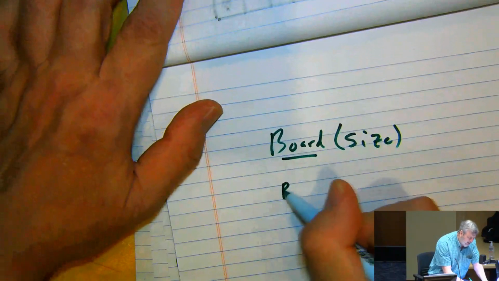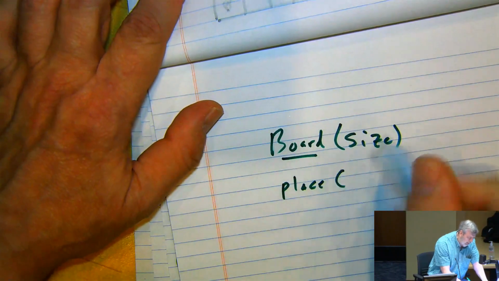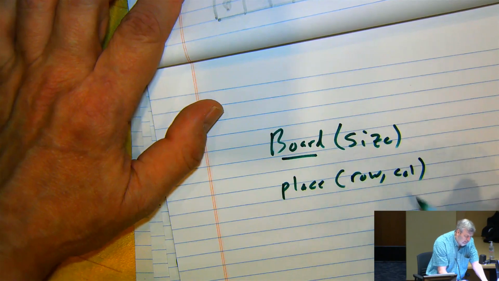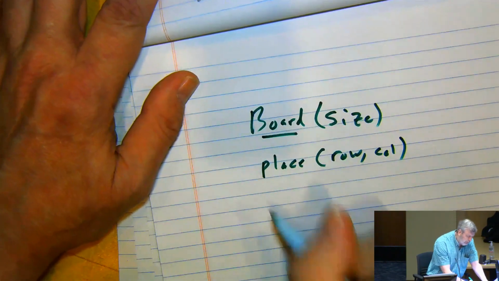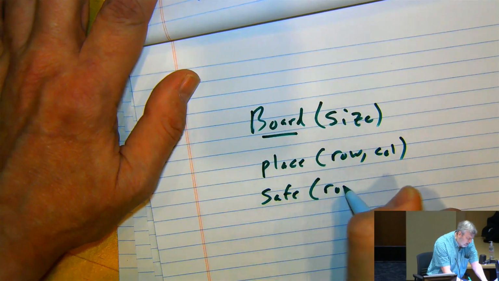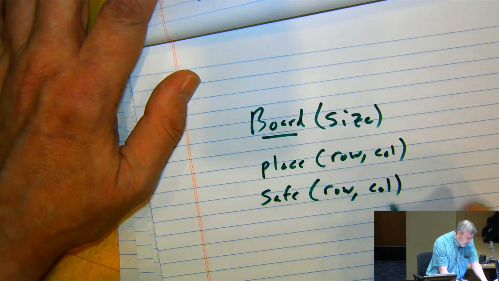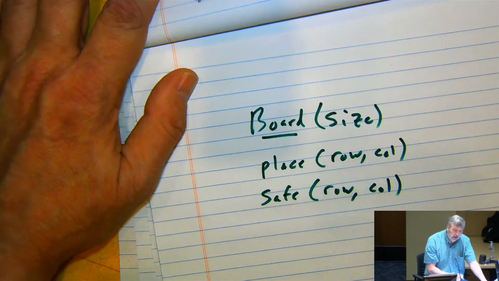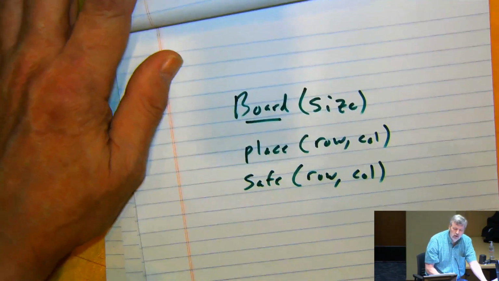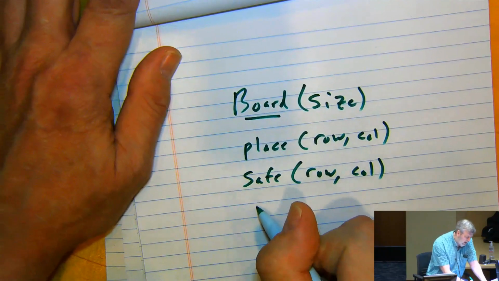Kind of the most basic thing is that you're going to want to be able to place a queen at a particular row and column and have it remember those placements. But we're also going to want to know, is it safe to place a queen at a particular row and column? Because that's the dead end idea. We want to make sure we don't place a queen in some place that's going to be unsafe.